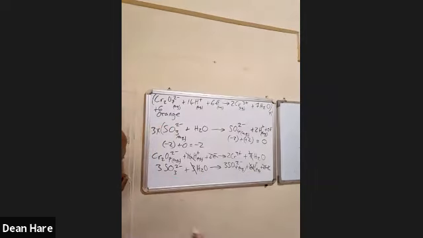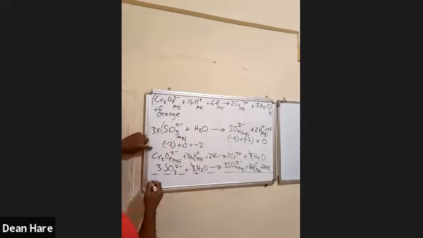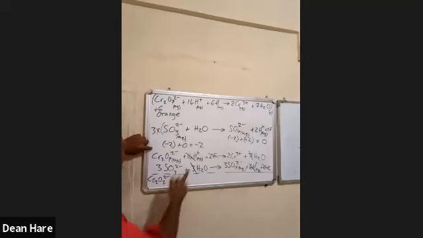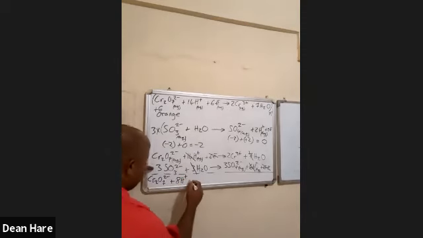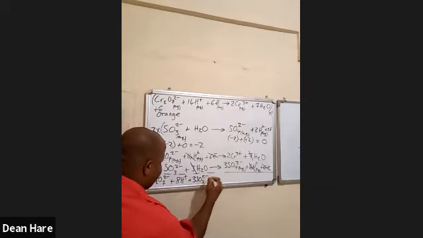So our final equation should be Cr2O7 2- plus. If I take 6 from 14, how many hydrogen ions do we have remaining? 8, right. So it's 8H+ plus 3SO3 2-.